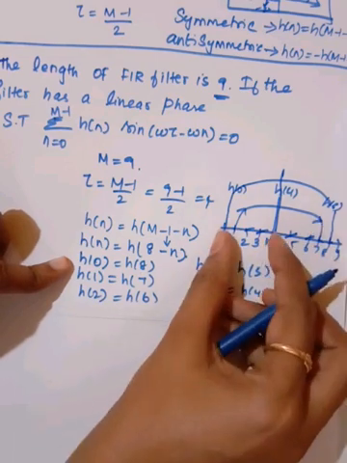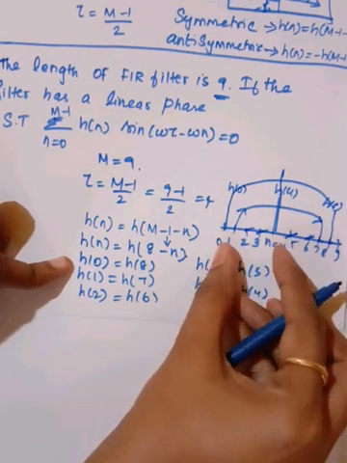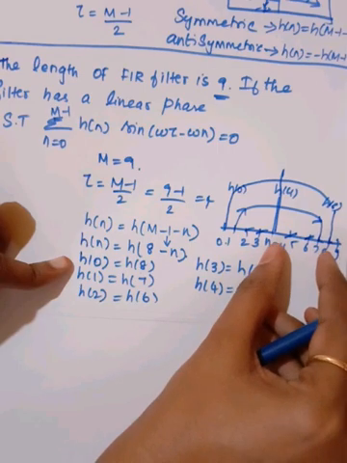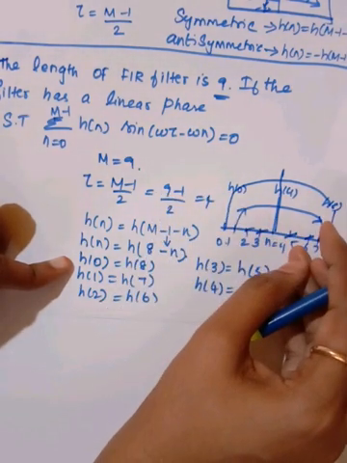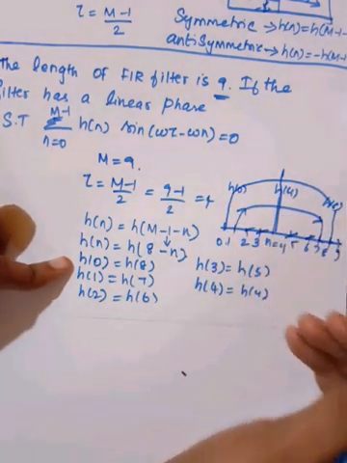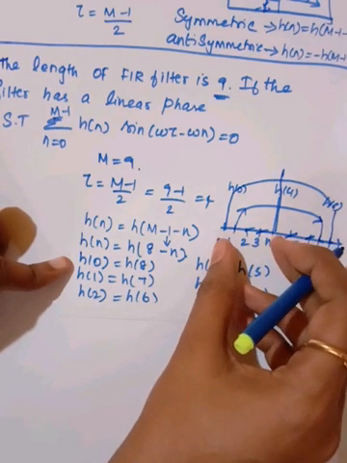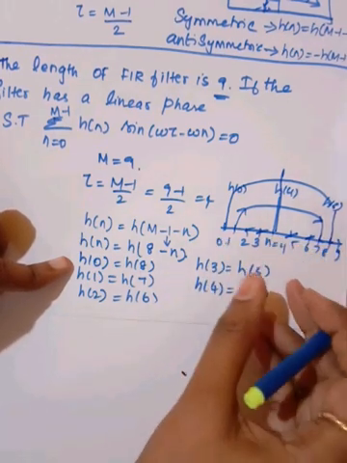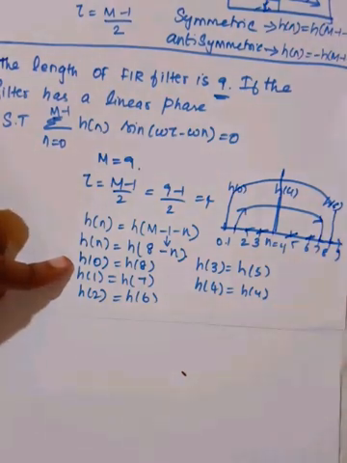So it is enough to find only the first 4 values, and the remaining will be the symmetric of these values. This is the significance of symmetry in this case.